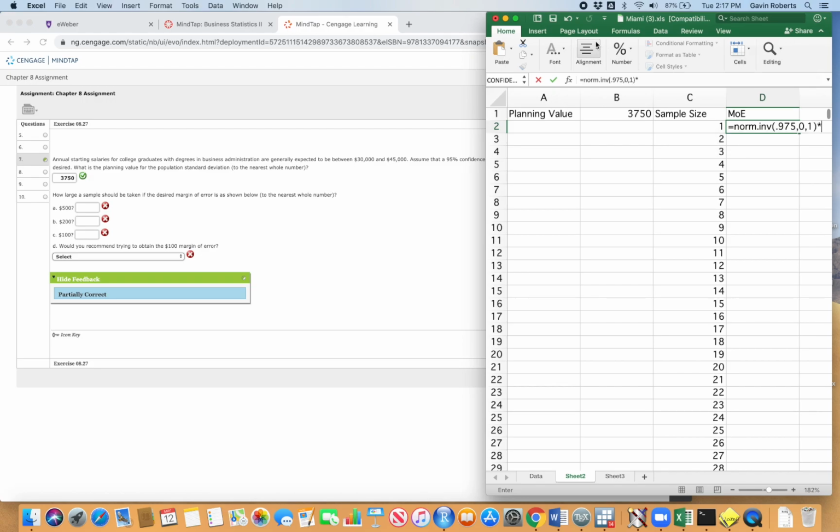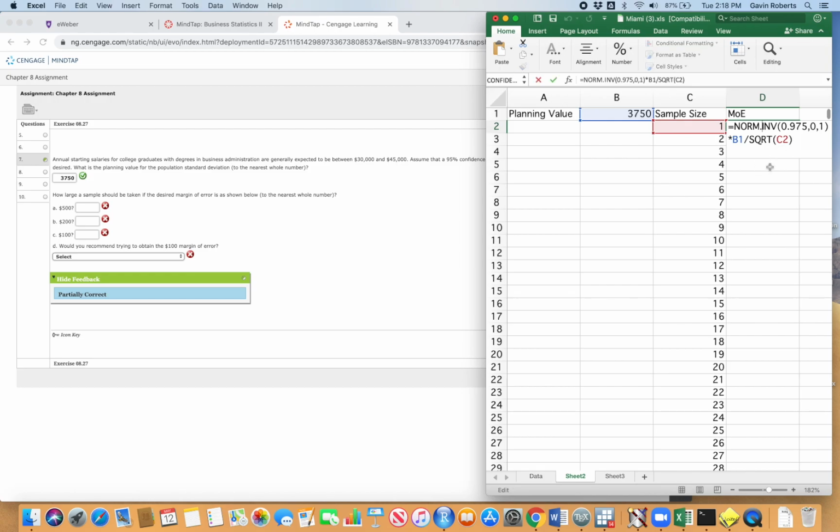That's how many standard errors I have to go. But we have to multiply that by our particular standard error, which will be the population standard deviation divided by the square root of n. But we have a bunch of different n's, so we just click on this one right here. Oh no. Yeah, that looks right. That's probably right, so I just didn't close that parenthesis.